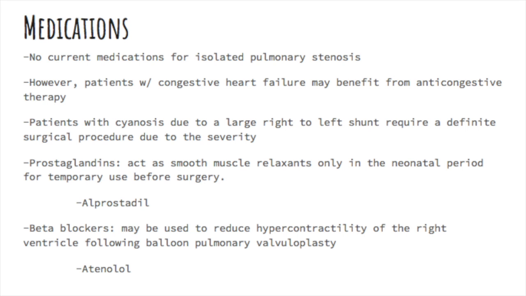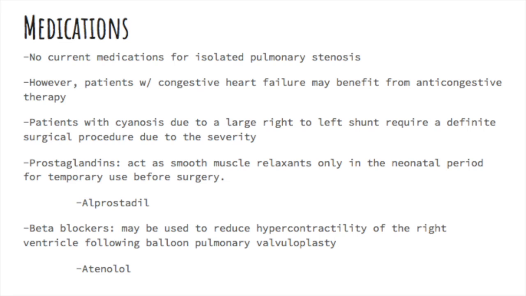So there are currently no medications for pulmonary stenosis alone, but patients with congestive heart failure in conjunction with pulmonary stenosis may benefit from anti-congestive therapy. Patients with cyanosis due to large right and left shunt require definite surgical procedure due to the severity of it.